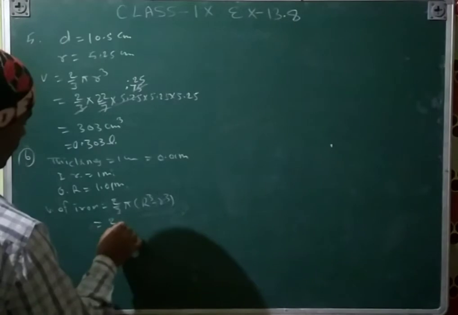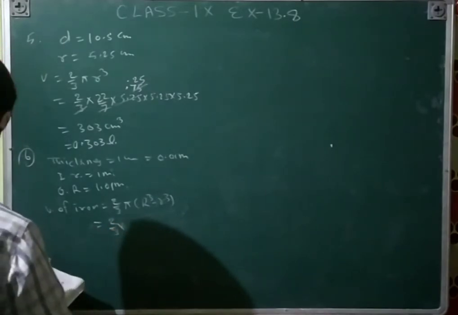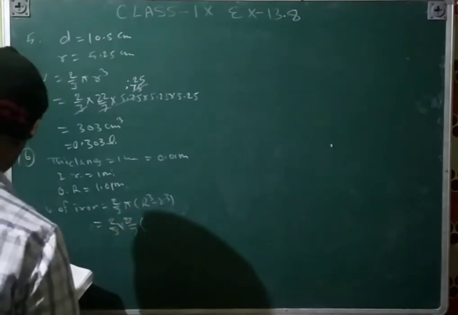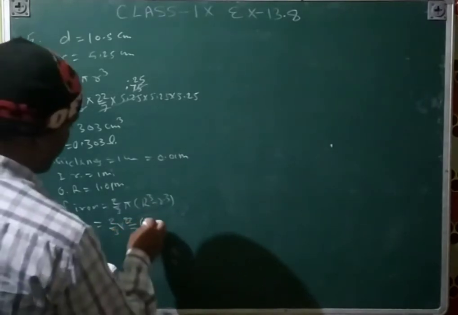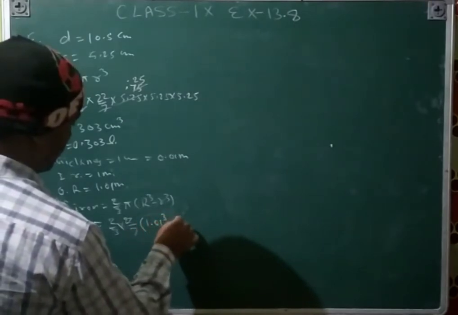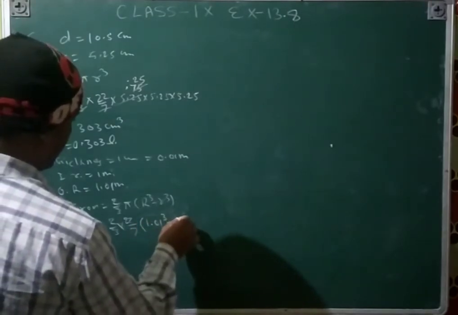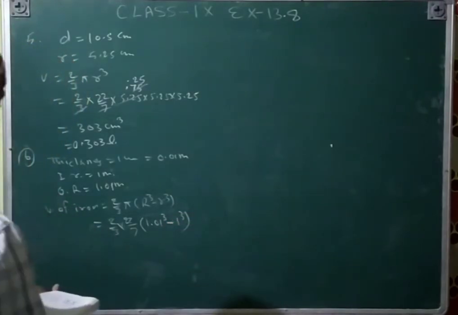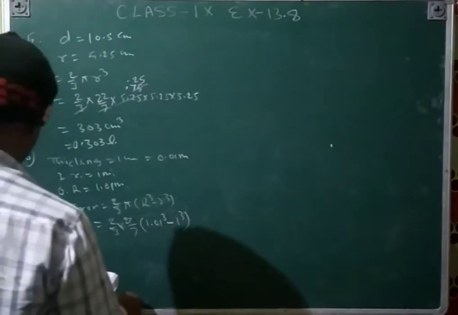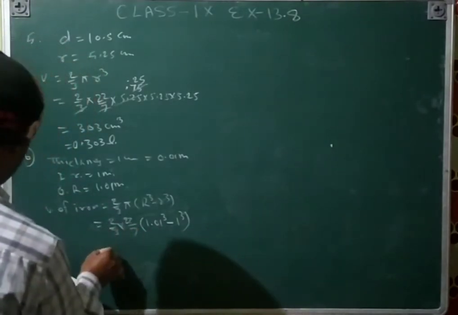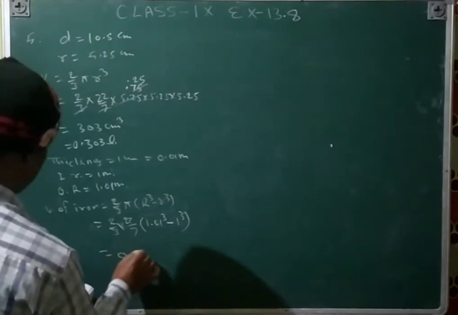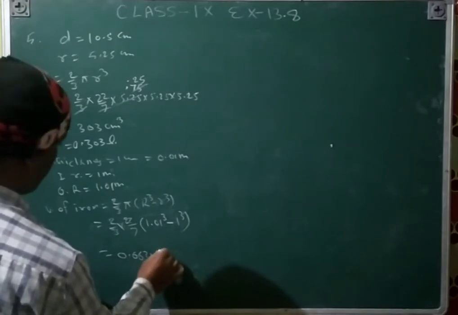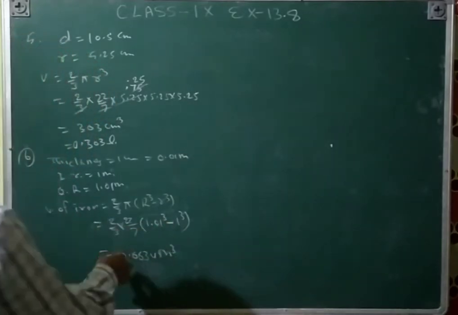So 2 upon 3 into pi value is not given, so 22 upon 7, and then 1.01 cube minus 1 cube. So after the calculation, your answer will become 0.0634 meter cube.